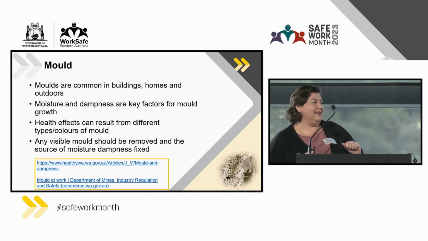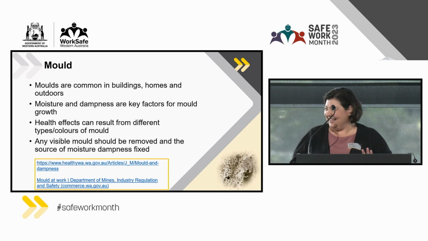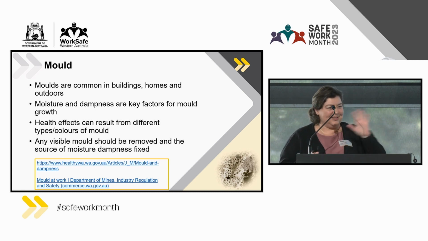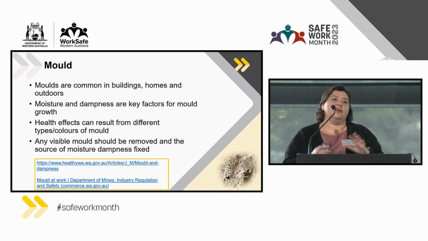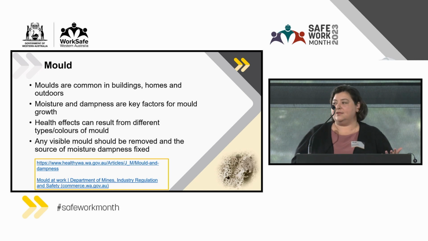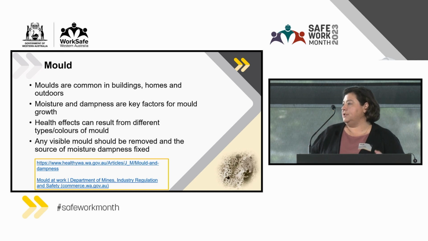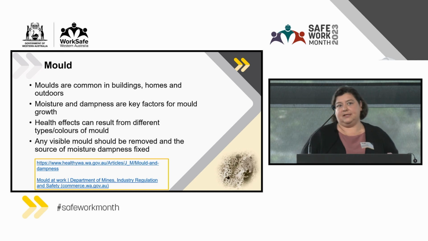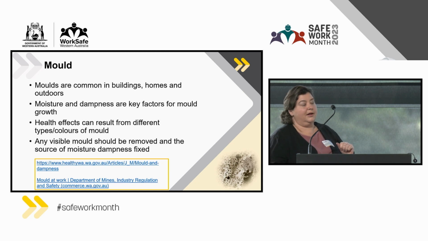All mould can be harmful, it doesn't matter the colour, but that gets really good media attention. There are health effects that can result from different types and colours of moulds. The advice we give to people is that any visible mould should be removed, but more importantly, the source of the moisture or dampness that led to the mould growth should be tackled, and there's a lot more information in the guidelines.